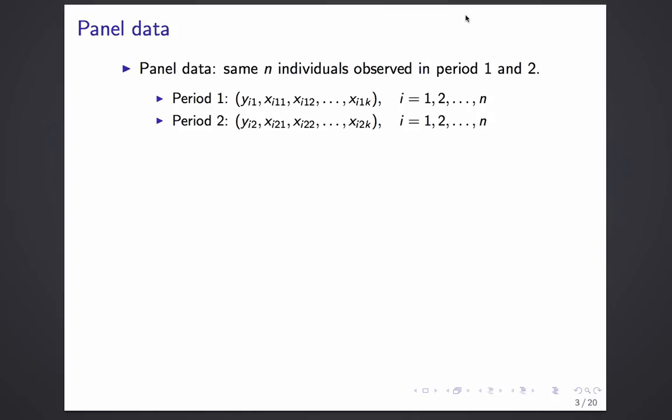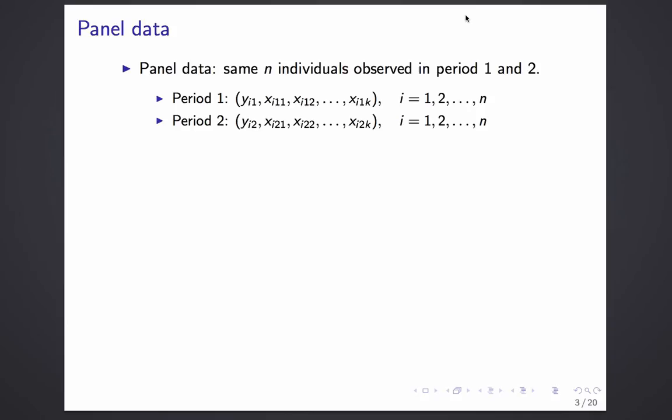Similarly, in the second period, I also have n observations on my dependent variable y. But as you can see on this slide, now I have y subscript i and then a 2, where 2 just tells you that we're in the second period. Besides that, I still have my k explanatory variables, but now I've just changed the time index. But let's take a step back. If you look at the last element in the second parenthesis, that variable says x_i2k.